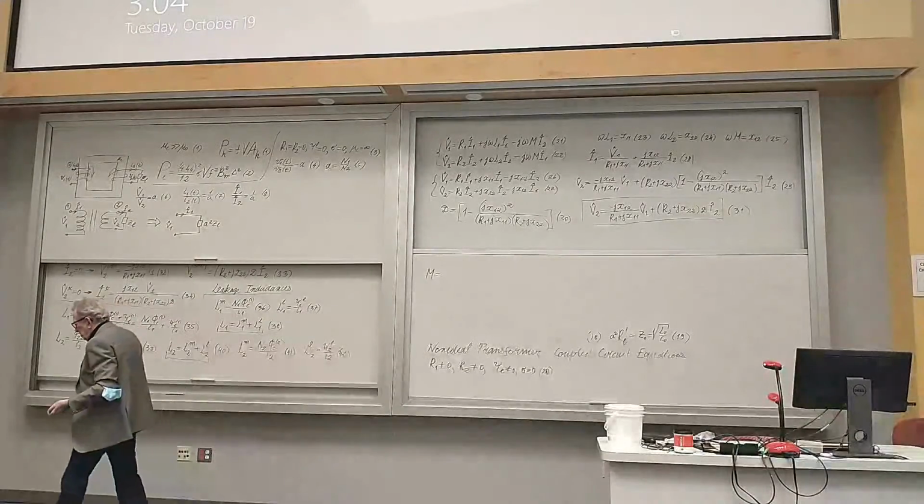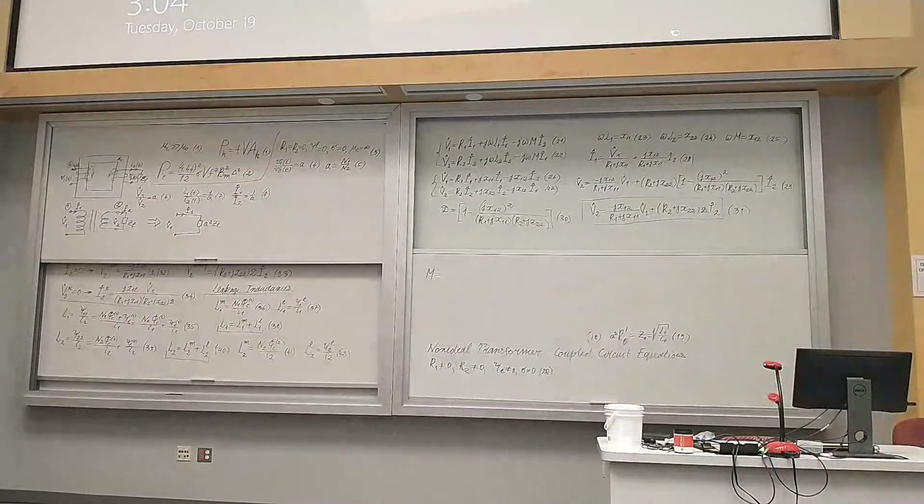You studied this in electromagnetic field theory, you studied it in physics, in class E and E 380. We will excite the first winding, so there will be some current I sub 1 through the first winding, and it will create magnetic field lines, and it will link the secondary winding.